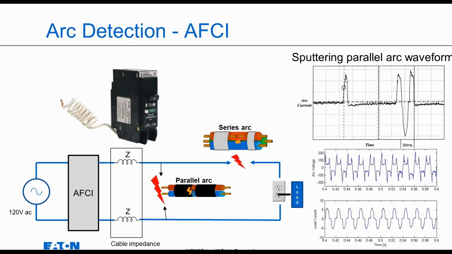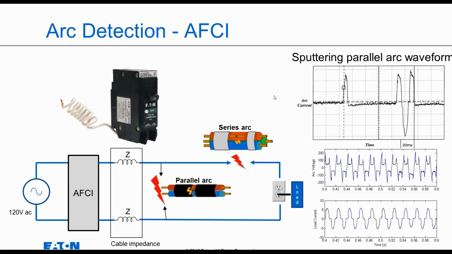And so you can see what's happened. Here, this is a sputtering parallel AC arc waveform, and it's not a full AC wave. It's just a sputter of an arc. Here's another spike, another one, and then it goes out for a while.